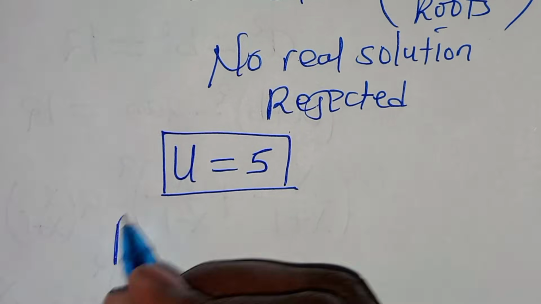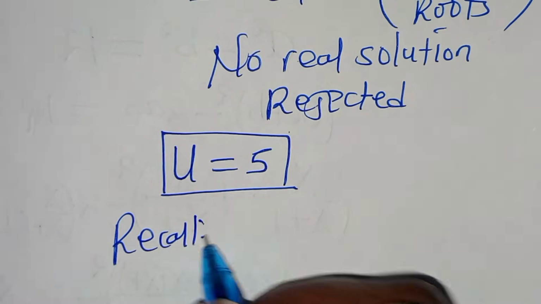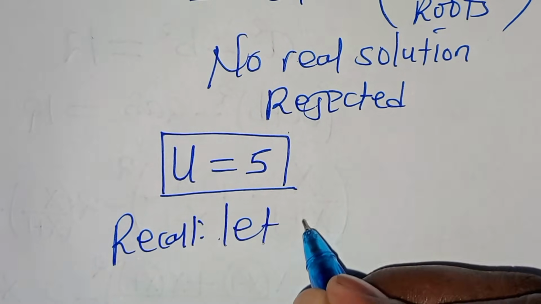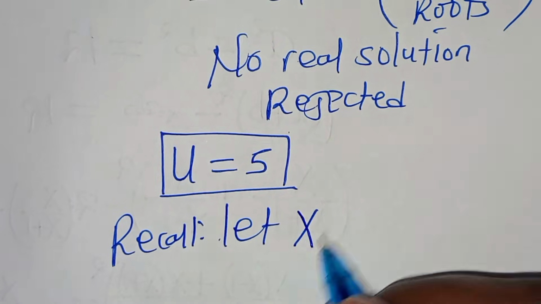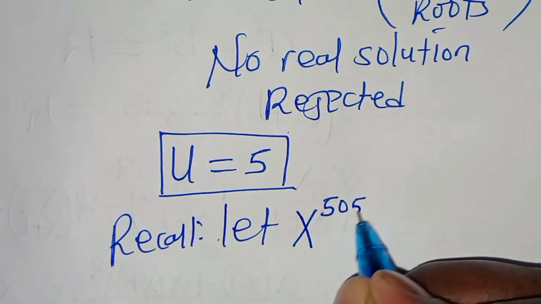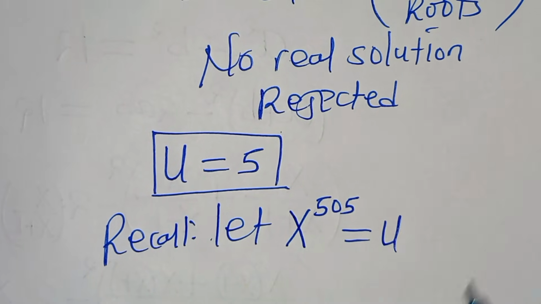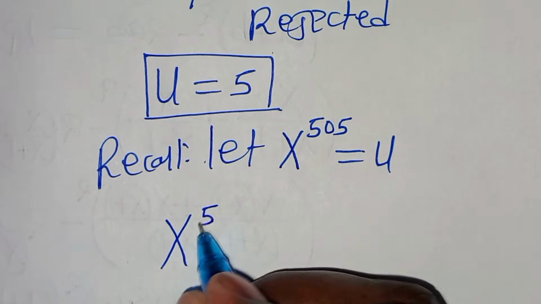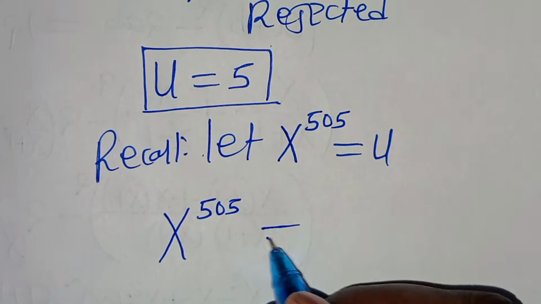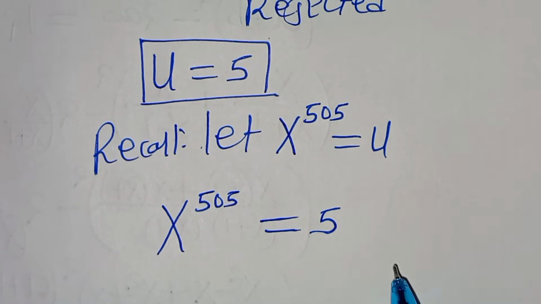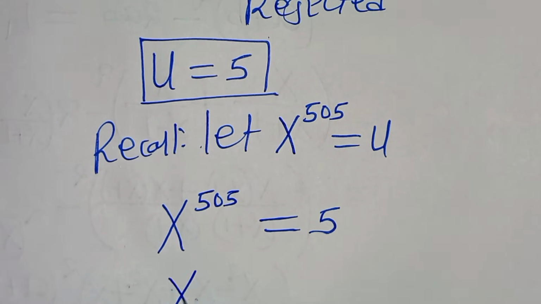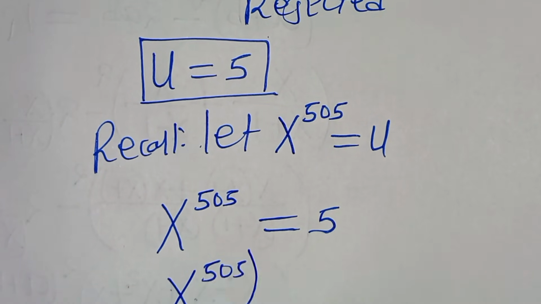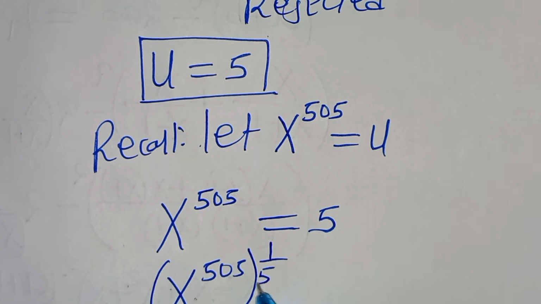Now, if you recall, we assumed that x to the power of 505 is equal to u. So now we have x to the power of 505, this is equal to u, which is 5. So let's raise both sides to the power of 1 over 505.